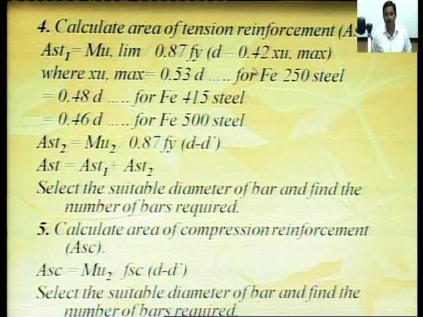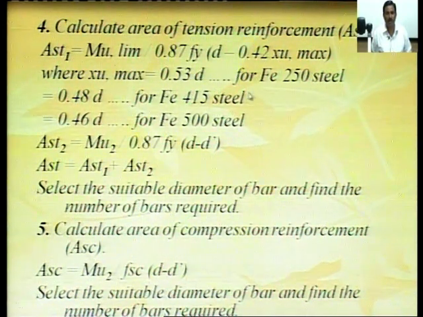The maximum depth of neutral axis Xu max is equal to 0.53 d for Fe250 steel, where d is the effective depth of the beam, 0.48 d for Fe415 steel, and 0.46 d for Fe500 steel.